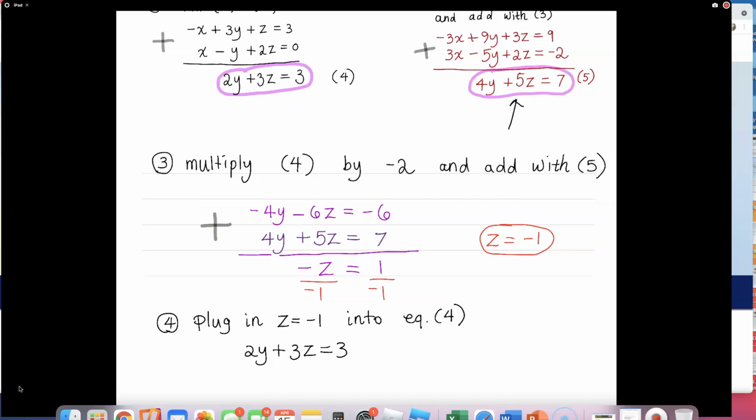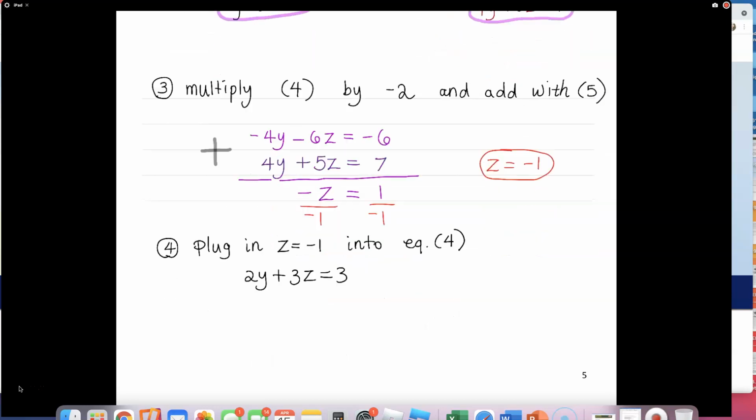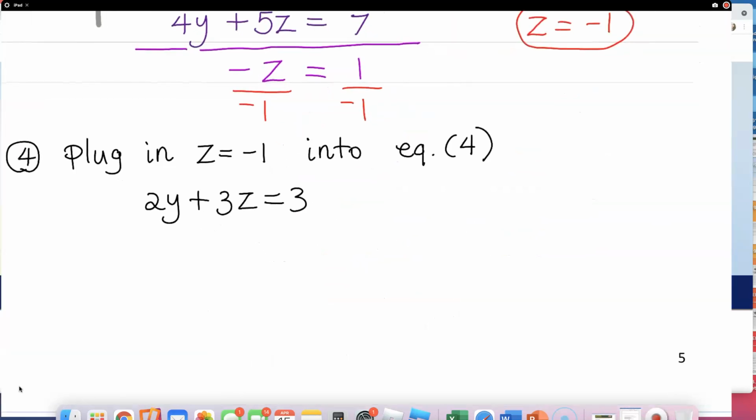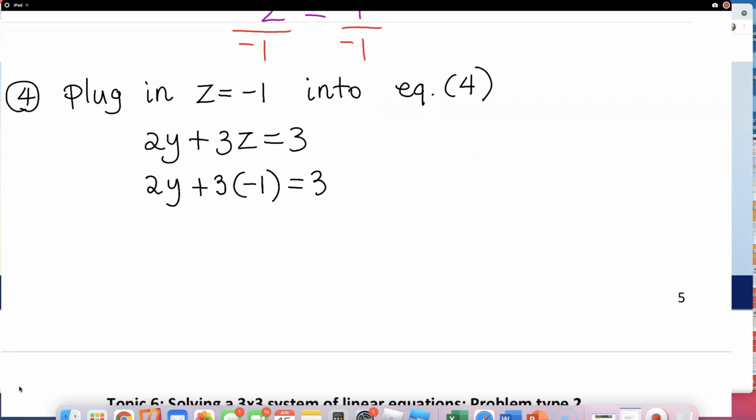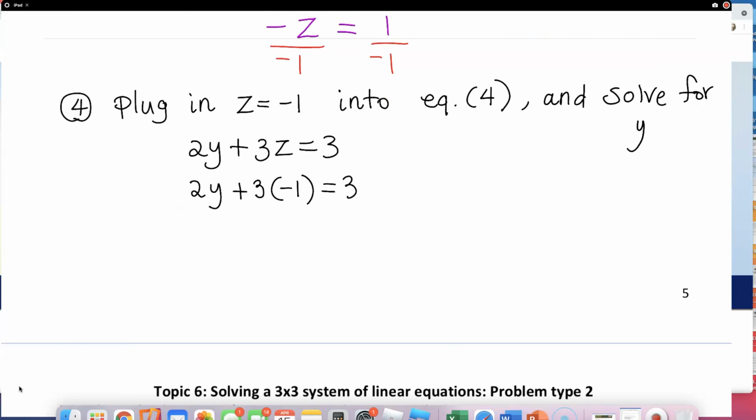Doesn't matter as long as it only has y and z. Okay, let me go ahead and do my substitution. 2y plus 3 times -1, that's what z is, equals 3. The reason we're plugging in z equals -1 is because we want to solve for y.